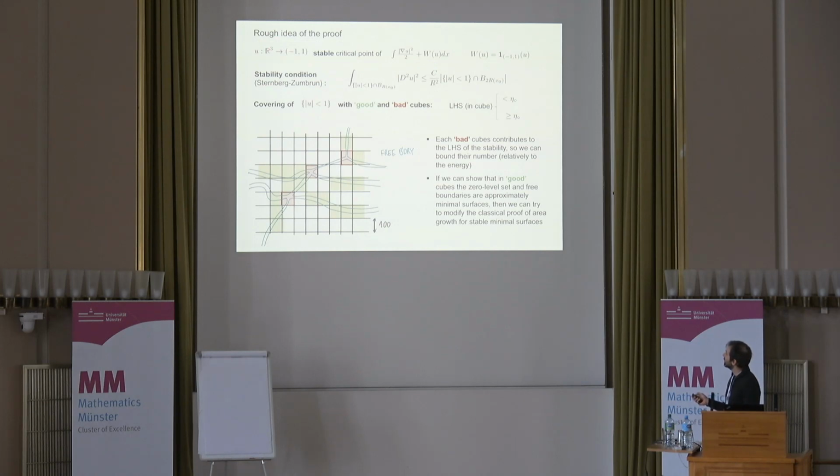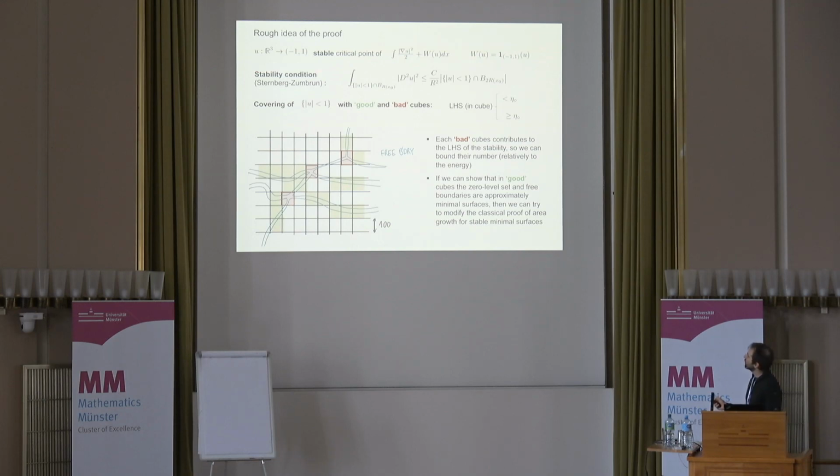But the idea is, this is a very general thing that is well known since many years: if you have a stable critical point of some functional like this, or even more general, you can consider what is called the second variation, second inner variations, when you do domain variations, right? You compose with diffeomorphisms, and you compute the second derivative with respect to the time of your variation. And then you get a condition.